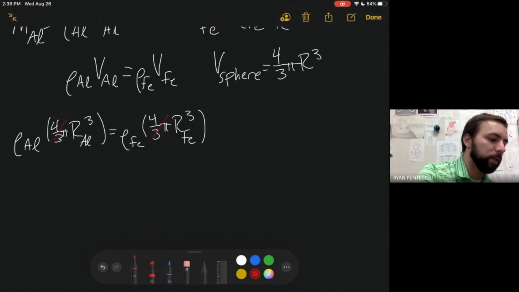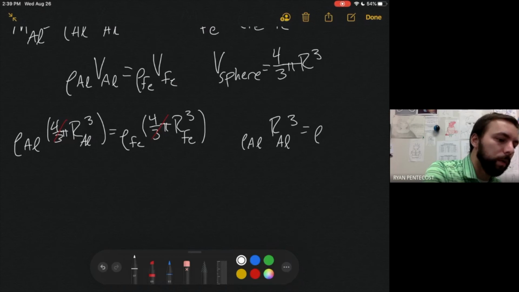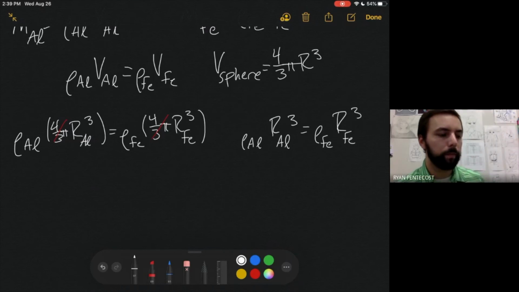So the density of aluminum times the radius of the aluminum ball cubed is equal to the density of the iron ball times the radius of the iron ball cubed. All we did was take the 4/3 pi out because it's on both sides, so it can be divided out.